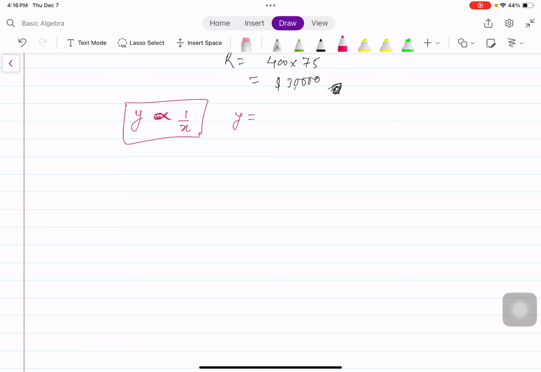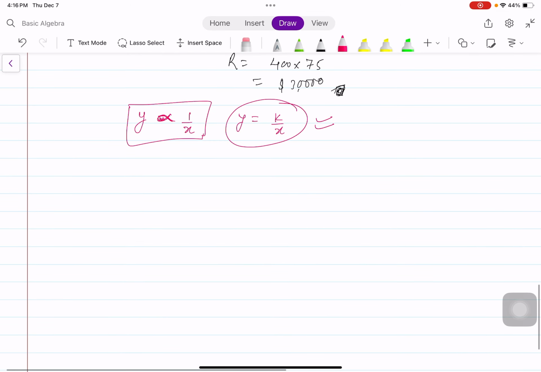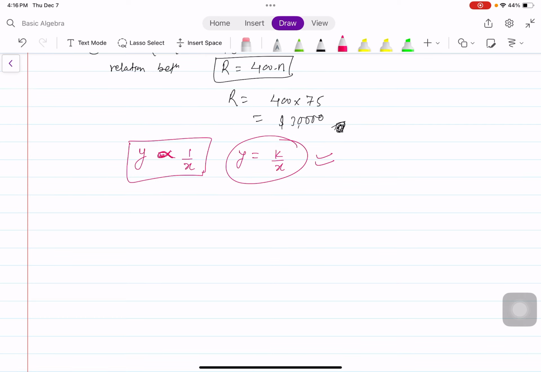But in mathematics, this relation is written y equals k over x. This represents inverse proportionality. What this means is, if you increase x, y is decreasing. When you decrease x, y is increasing. So it's just the opposite type of relation. That's why we call it inverse proportionality or inversely proportional. We will discuss this in another section.